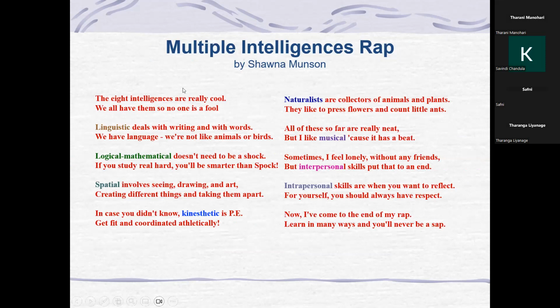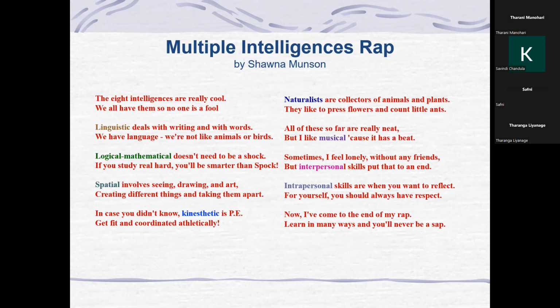Look at this, you can see the 8 intelligences are really cool. We all have them, so no one is a fool, right? So we all have them to different levels. Linguistic deals with writing and with words. So we have language. We are not like animals or birds.